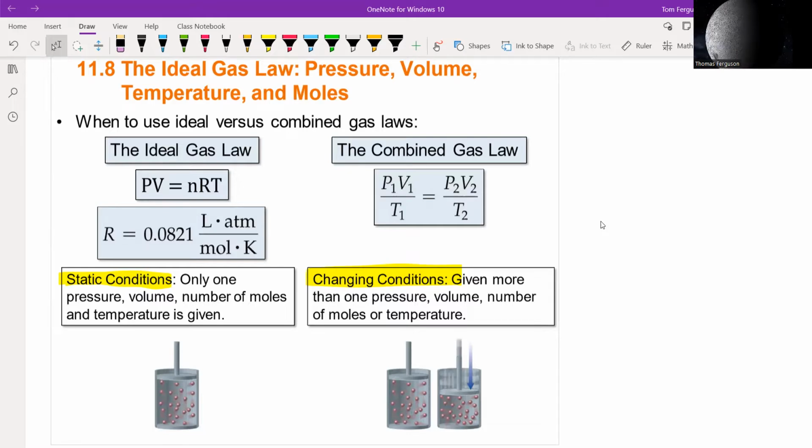Another type of question is where one can change the condition, such as the pressure or the volume. Those are the two main types of problems that we work with. For static, you just use PV equals nRT.